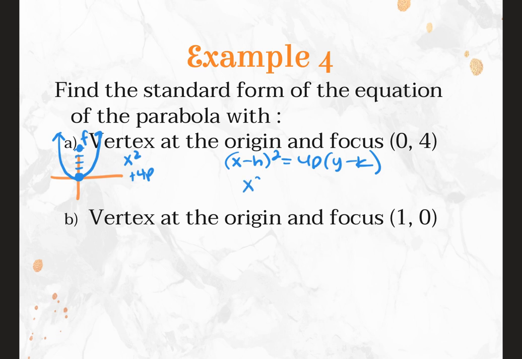So it would be x squared equals 4, I'm going to come back to the p, y minus 0 would just be y. P is the distance from the vertex to the focus. How many units away is the focus from the vertex? 4. So our p is 4. I wrote how I counted it. And I get x squared equals 16y.